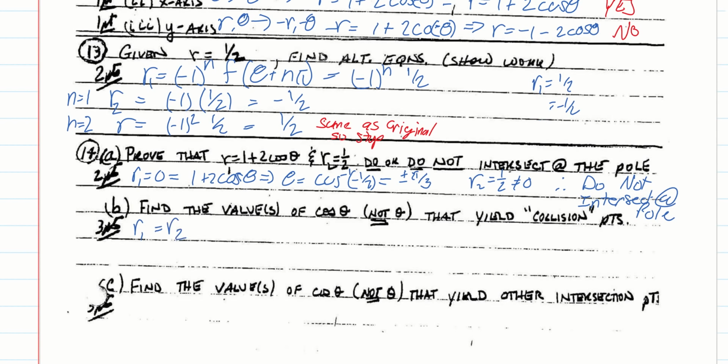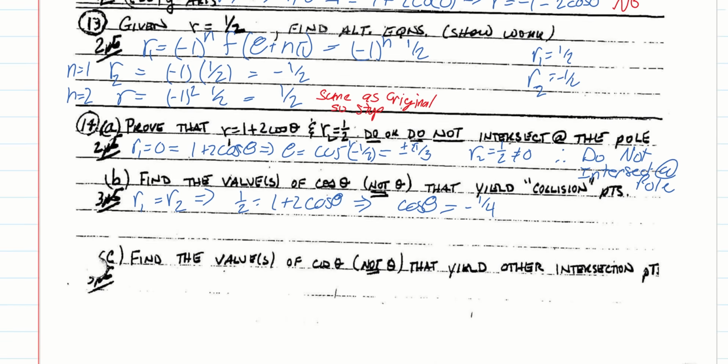So 1/2 is equal to 1 plus 2 cosine theta, which implies cosine theta has to equal -1/4. That is a collision, meaning they're there at the same time. I can't use an alternate equation for these. I could find other intersection points, which I'm going to do next, but they're not the same as collisions.